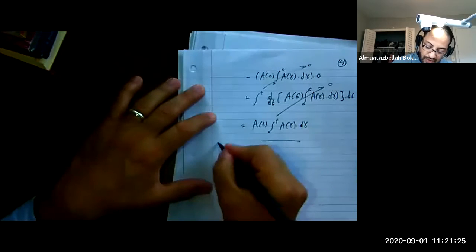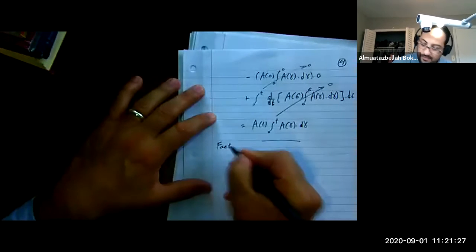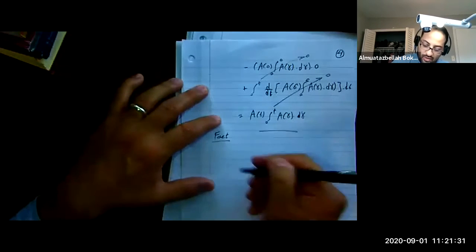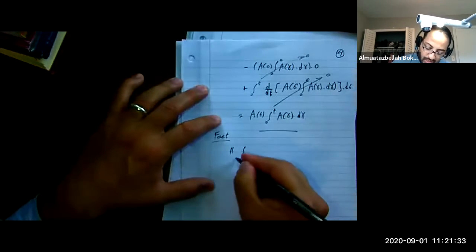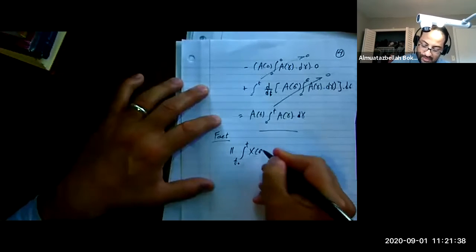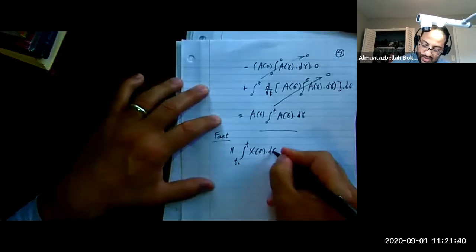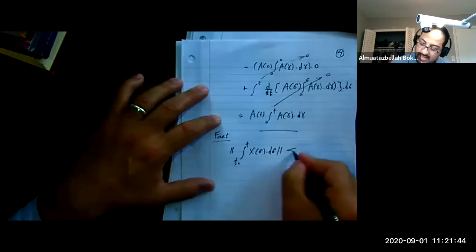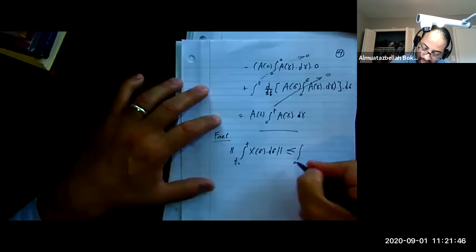So, fact. The norm of an integration from t0 to t of x of sigma with respect to sigma is less than or equal to the integration from t0 to t.